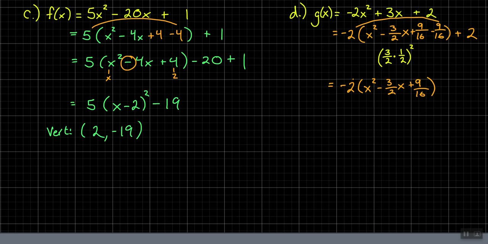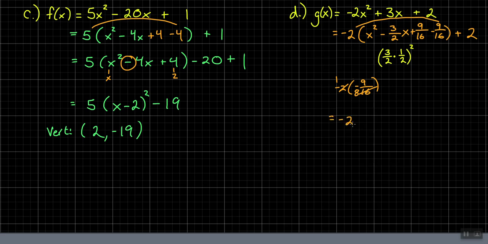Some of you do, some of you don't. I'm just taking a step back here. Negative 2 times negative 9/16 is that distribution I have to do. You could call this 18/16. That'd be fine. However, I notice a 2 goes into this once, and a 2 goes into that 8 times. There's my 9/8. I would simplify before I deal with it.